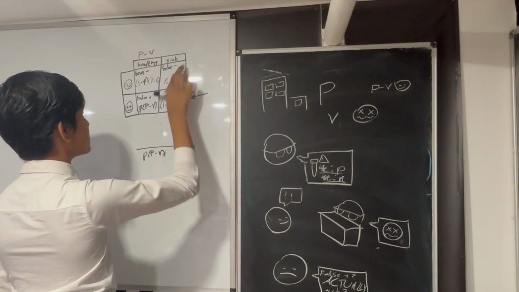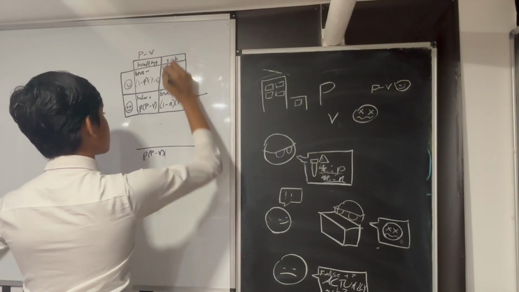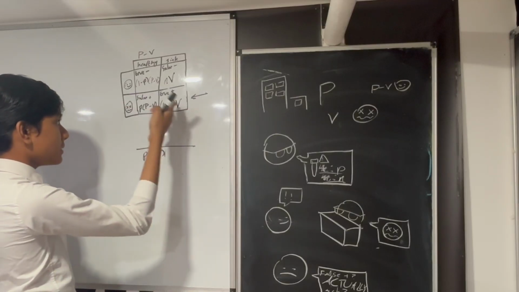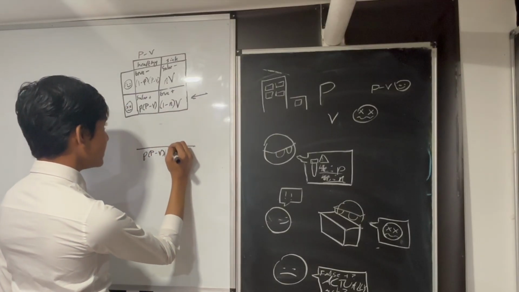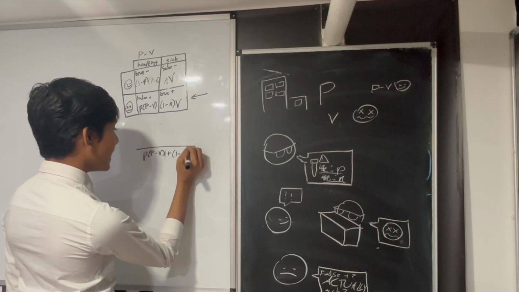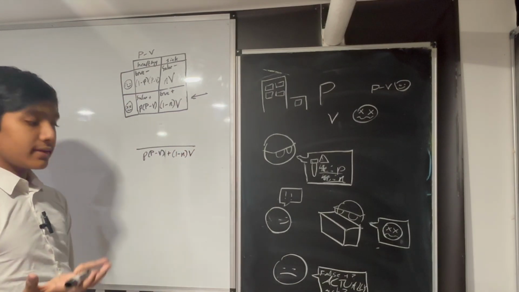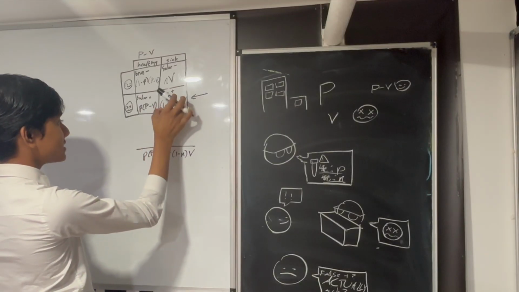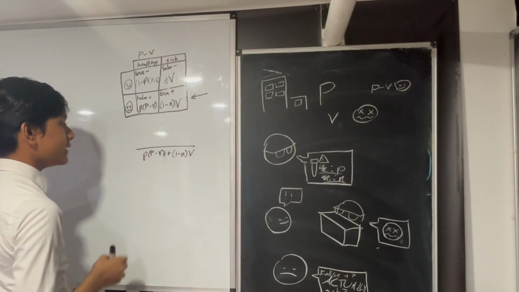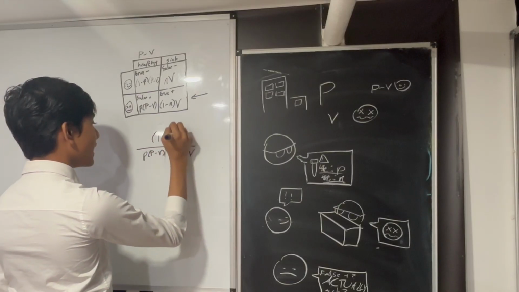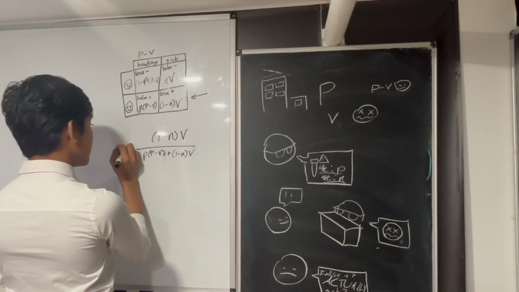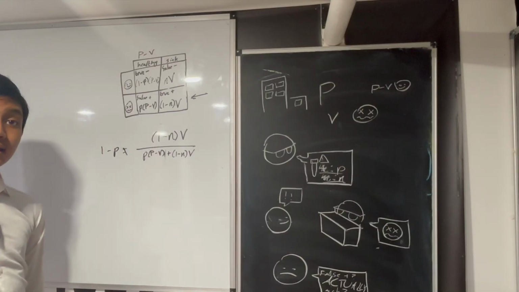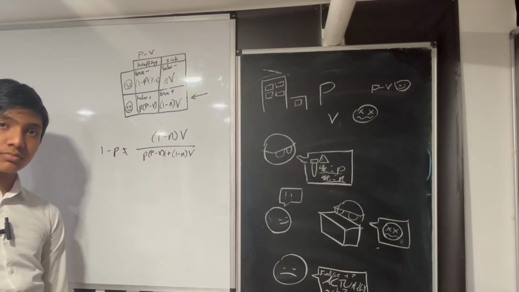Oh, crud. This would be N V, because this is only infected. This would be P times P minus V plus 1 minus N times V. And the chances he's actually sick is the chance that he's in exclusively this lower right square, 1 minus N times V. And you'll notice that's not at all similar to 1 minus P. That is the message of conditional probability.